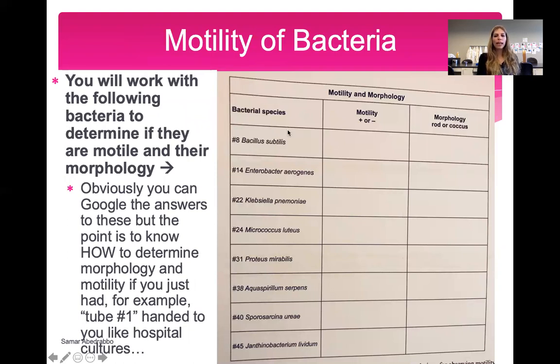So for example, you're going to look at Bacillus subtilis, Enterobacter aerogenes, Klebsiella pneumoniae, Micrococcus luteus, and determine are they motile, are they not, using hanging drop technique, which again uses a depression slide, and then determining if they're rod or coccus, because you can tell if they are rod or coccus shaped from doing this technique. Now, obviously, if you were in lab, everyone can Google this on their phone, but the idea is that you learn how to do hanging drop technique.